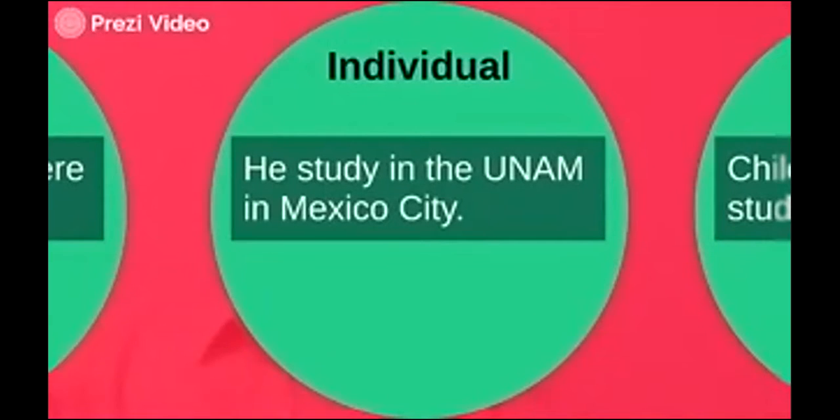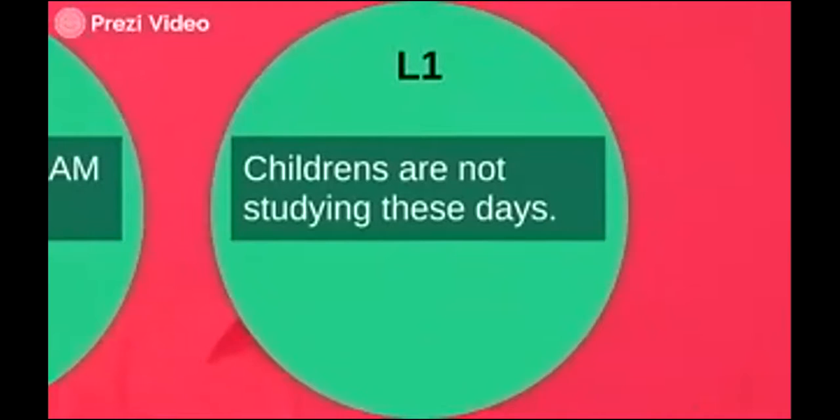So this is an example of an individual notion, and fossilization of L1 transfer could be, "Children are not studying these days." "Children's" with S is incorrect, but in Spanish, I say plural with S, so I think this is correct. This is another example of fossilization.